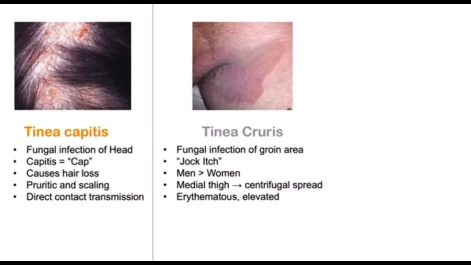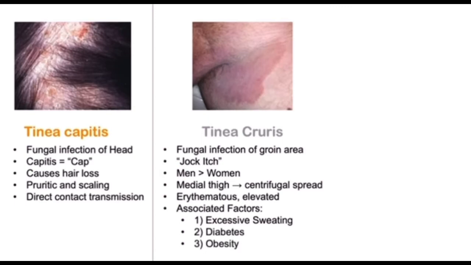It's also erythematous and elevated, so it becomes well demarcated because of this. In men or someone that's very active, they can become very sweaty in that area, and it can lead to jock itch. Other associated factors are diabetes, obesity, and immunodeficiency. All these can relate to getting jock itch or recurrent tinea cruris.